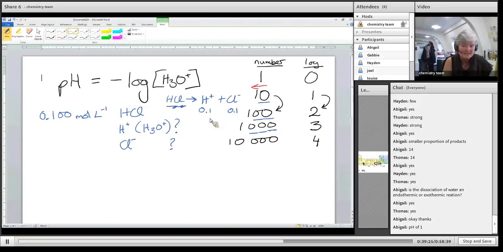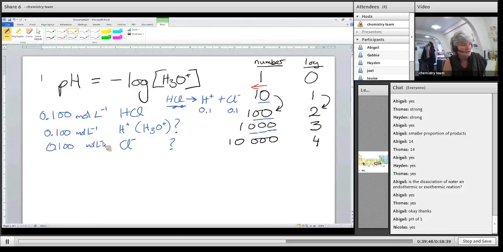Does that make sense? If I started off with 0.1 and then it all splits up, I'm going to have 0.1 of each. So this is the concentration. I'm going to have 0.1 mole per liter for each ion.